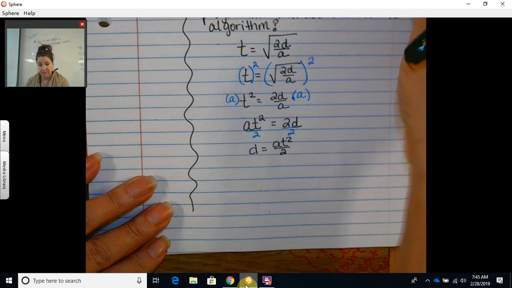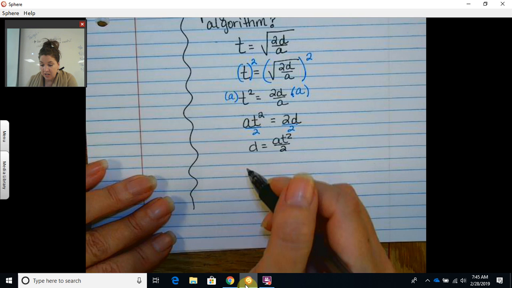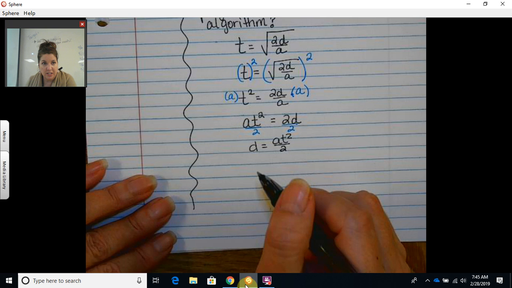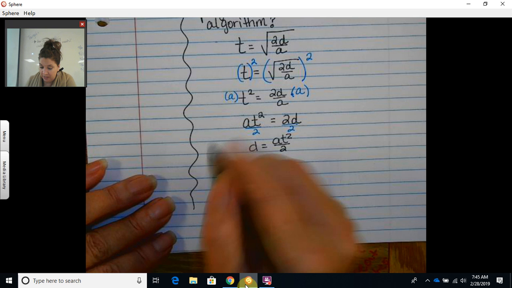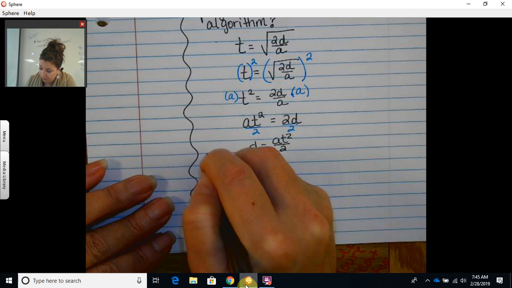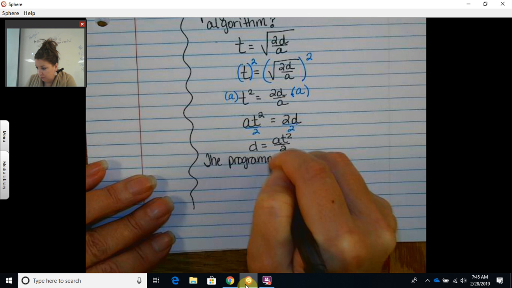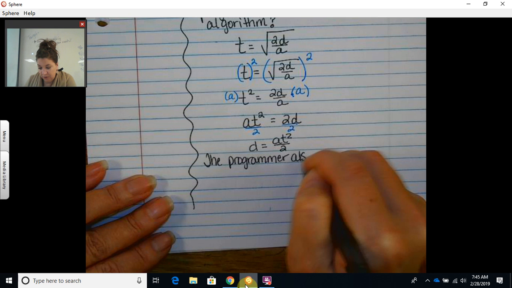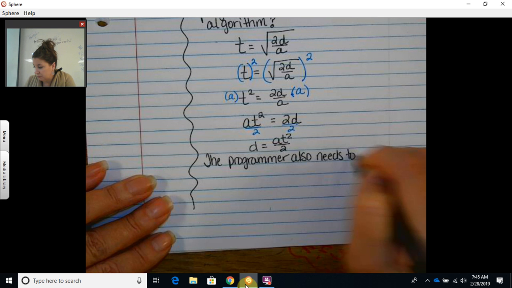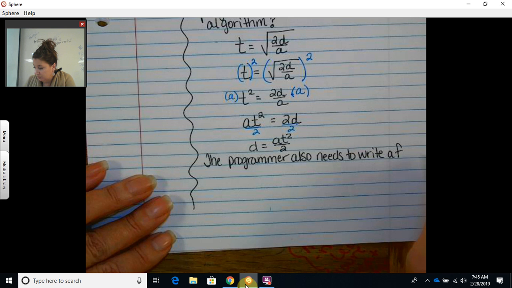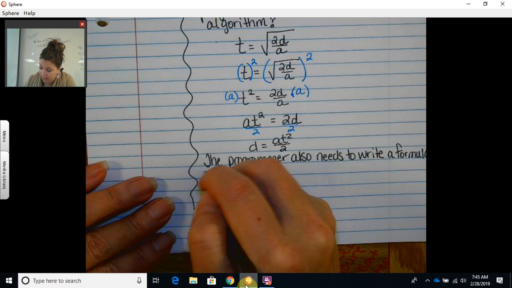Okay. The programmer also needs to write a formula for acceleration, comma, A. So now we know what the A stands for.